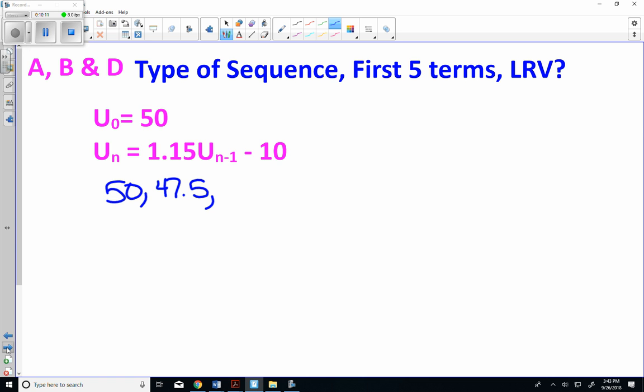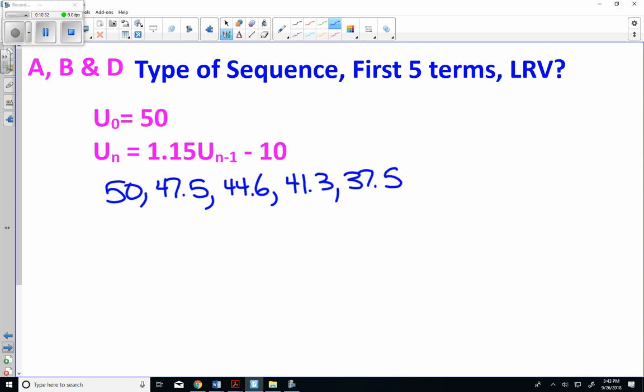Then times 1.15 and subtract 10, you will get 44.6. Do the same thing, 41.3. And then the next number is 37.5.